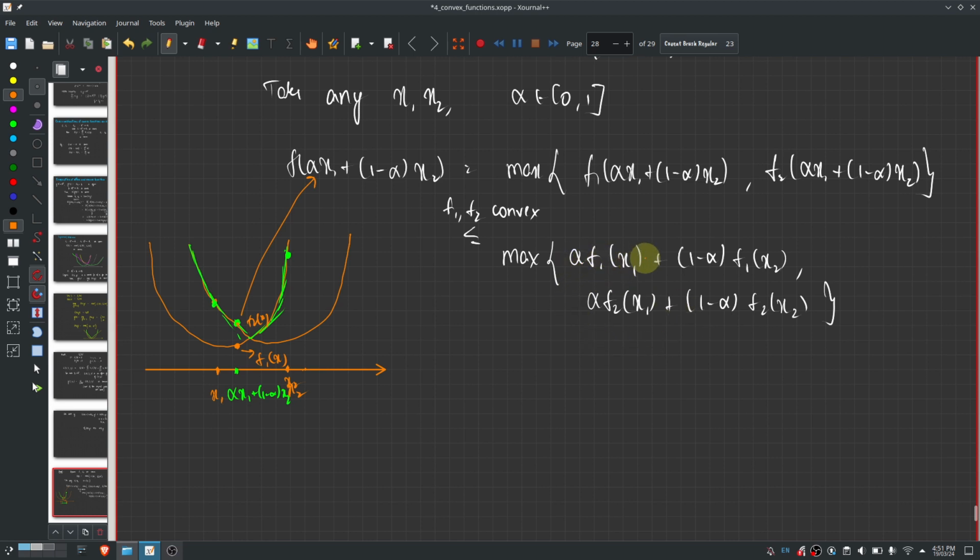So what is alpha f1 of x1 plus 1 minus alpha f1 of x2? That would lie somewhere on the straight line joining these two points. Recall that the line joining two points always lies above the curve. So this is the straight line joining these two points on the first curve, and this particular value would be on the straight line joining the two points on this particular curve.